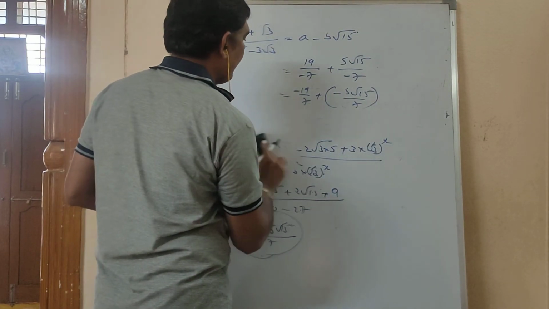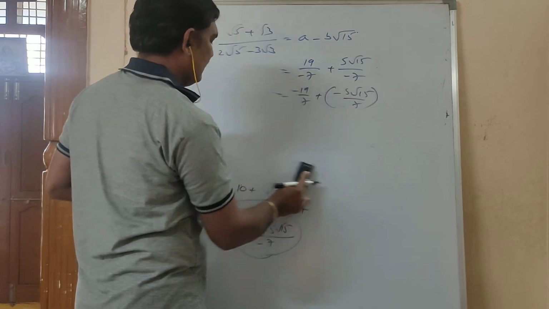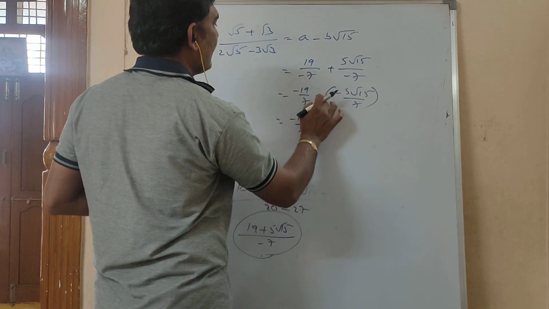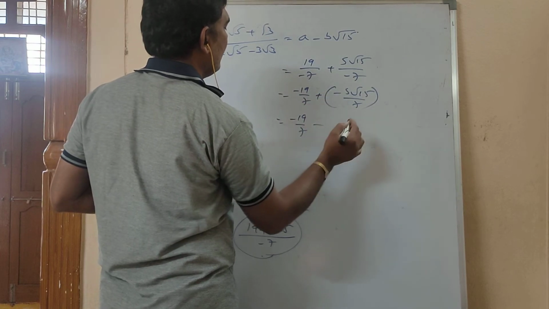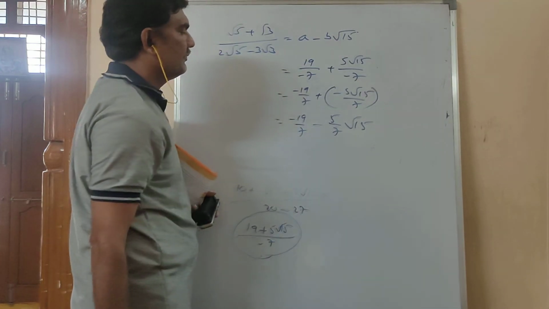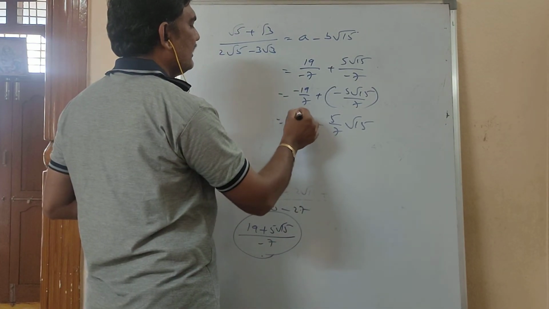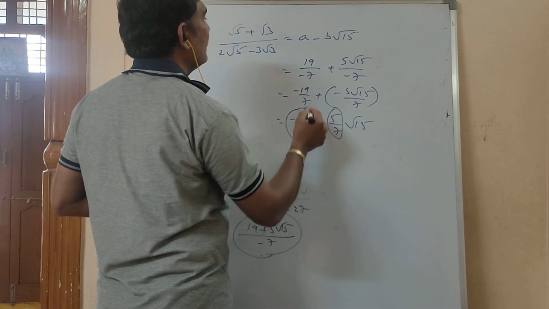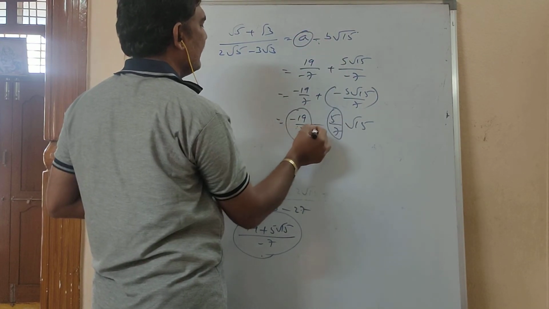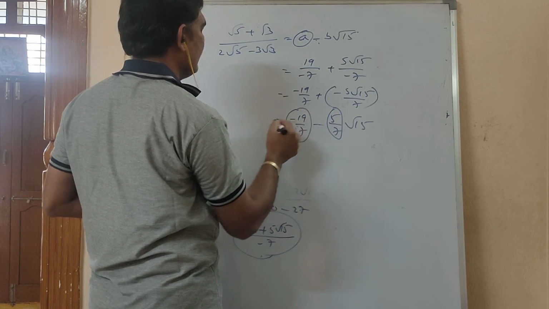Now what I have to do is, this minus 19 by 7 as it is, I have to remove the bracket, plus into minus: minus 5 by 7 root 15. Now compare this with this one. A means whatever is before minus is A. Before minus you have minus 19 by 7.